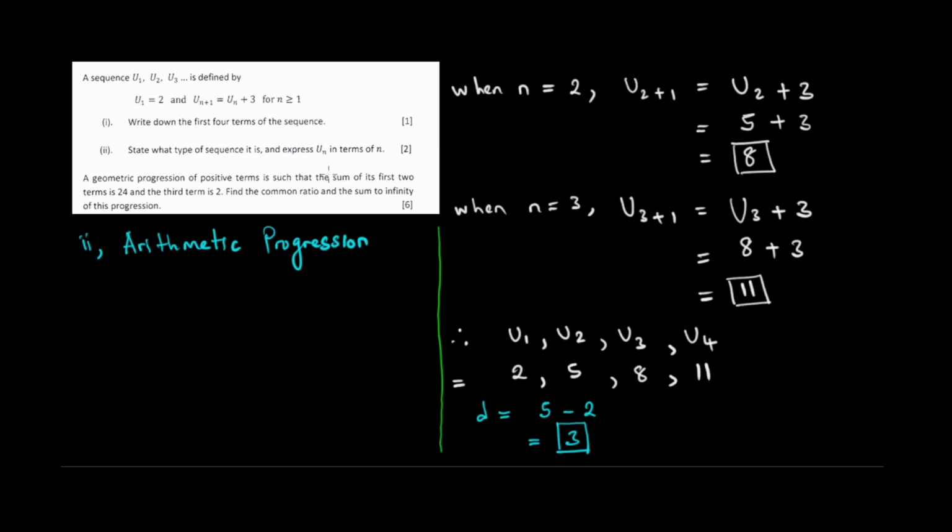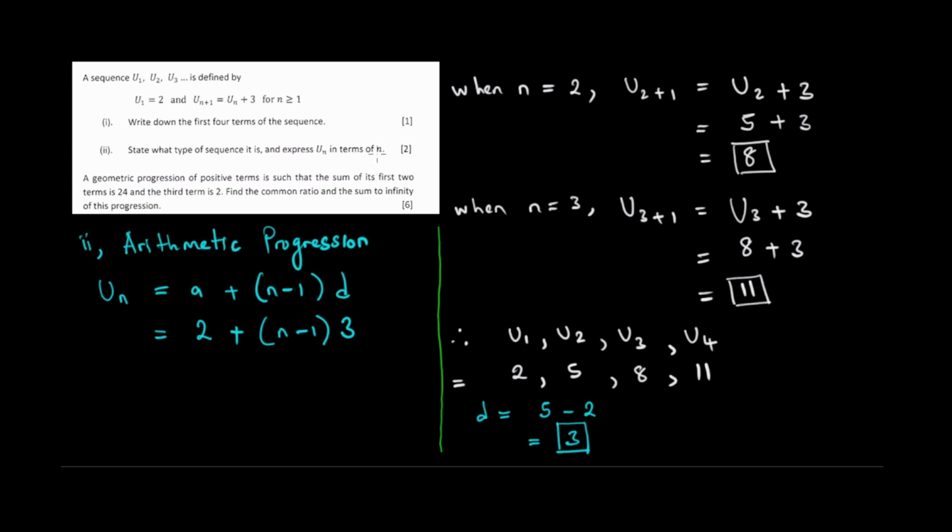Then where it says express un in terms of n. In an arithmetic progression, the nth term is equal to a plus n minus 1 multiplied by d. But a, we know it, we were given it in the question, it is 2. So this is going to be 2 plus n minus 1. Your common difference, you have seen that it is 3. So the question says express un in terms of n.